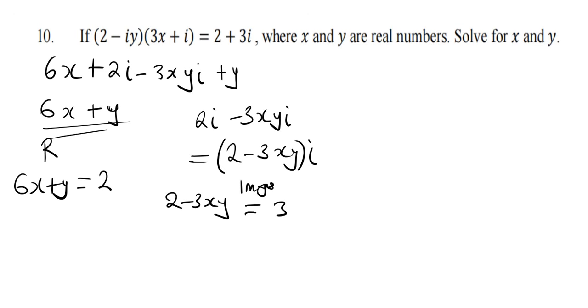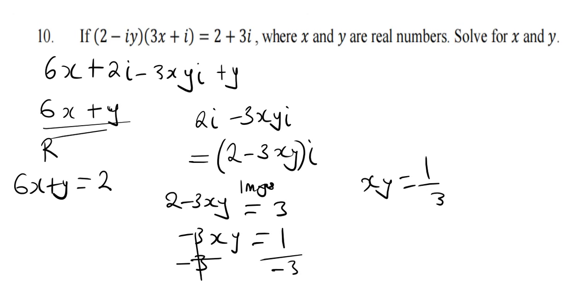So I can just solve this one. Negative 3xy will be equal to, when I take the 2 to the other side, 3 minus 2, which will give us a 1. Then I'm going to divide by negative 3 on both sides. So our xy is just equal to negative 1 over 3. So that is that part.